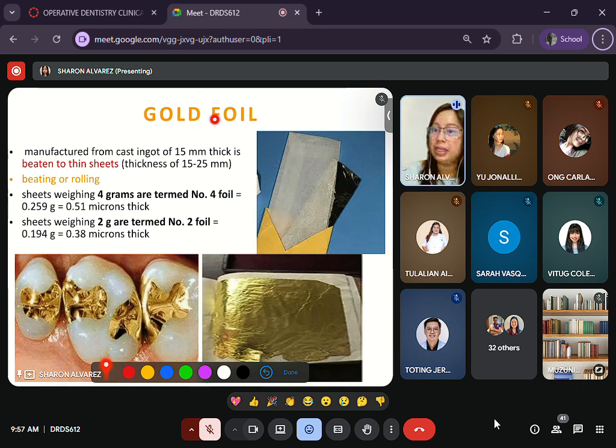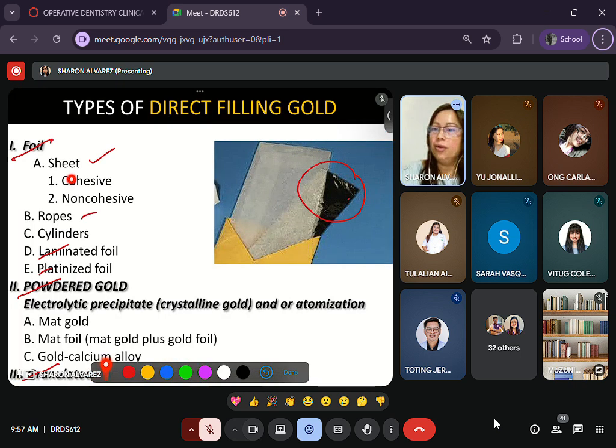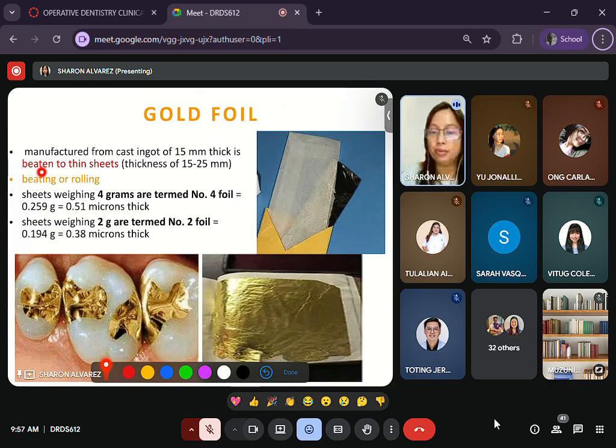Gold foil, whatever the type is, is manufactured by beating the gold. When you say beating the gold, you really hammer the gold to become very, very thin sheets like this. During the time that dentists were still using gold foil, this is how they did it.